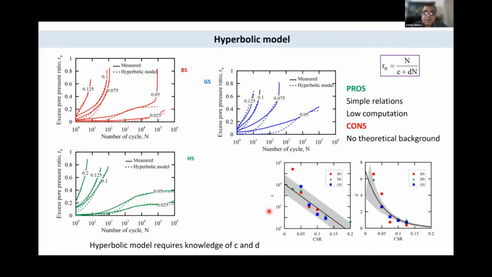There are hyperbolic models again with two unknowns, and with the development of more curve fitting platforms, as students we can sit down and get endless fits, but none of them give any theoretical background to what really happens. In the last couple of decades you will see a lot of papers come out, but there's no theoretical background.